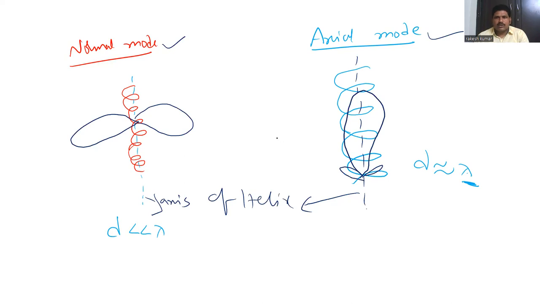So this is the basic operation of the helical antenna, either in normal mode or axial mode. Okay, we will discuss this briefly in the next videos.